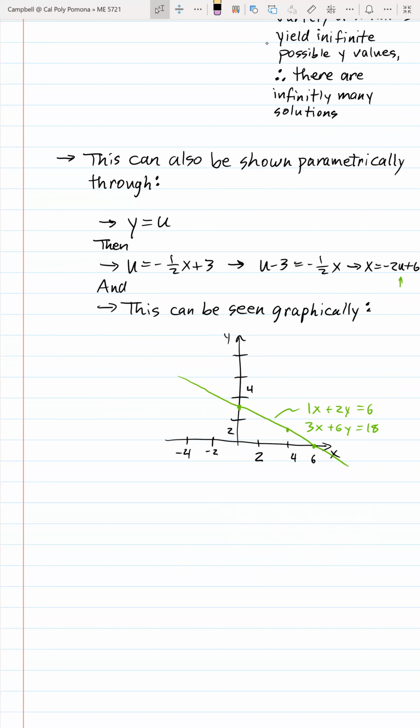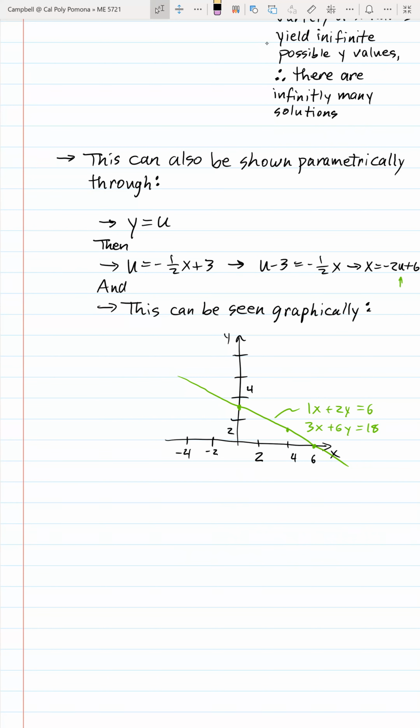So when we look at the dimension of the solution space, we can see the number of parameters that are required to capture the solution space.